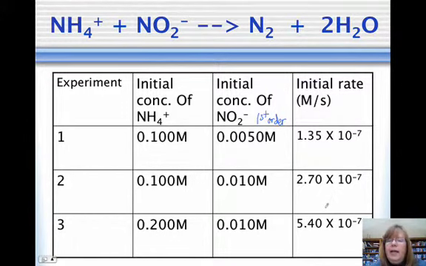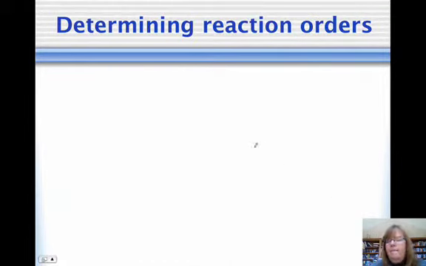So let's go ahead and do this. Let's see if I can remember these numbers. Let's see, 3 is 5.4 to 2.7. All right, so rate 3 over rate 2.